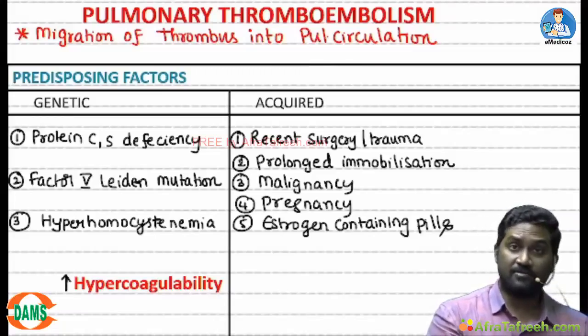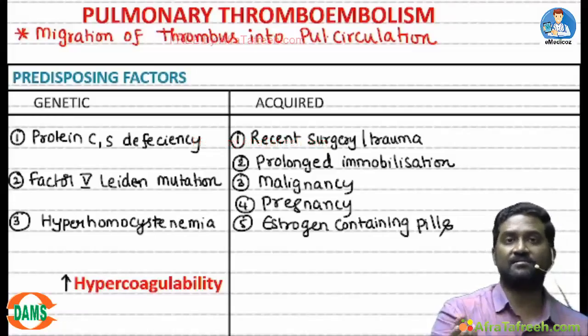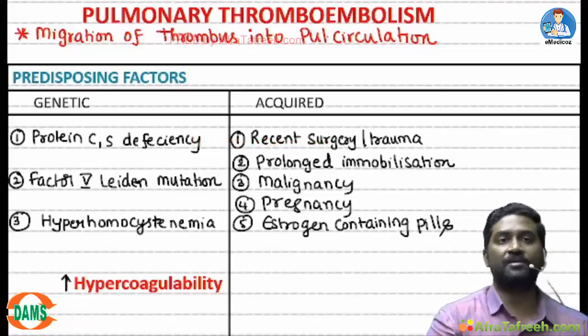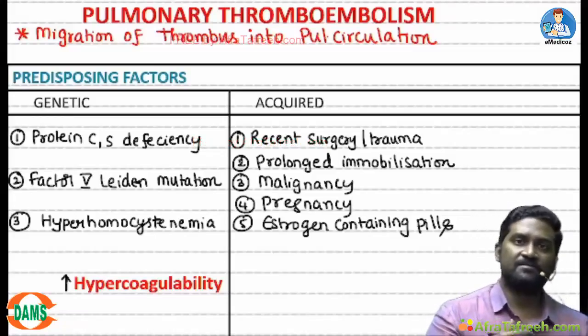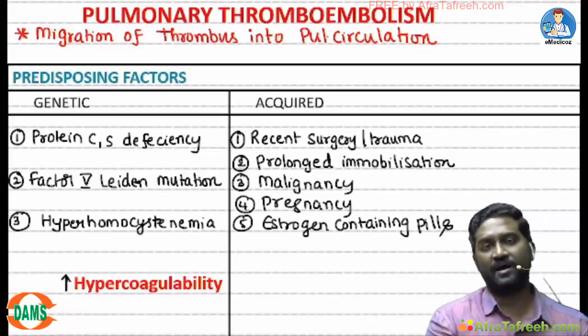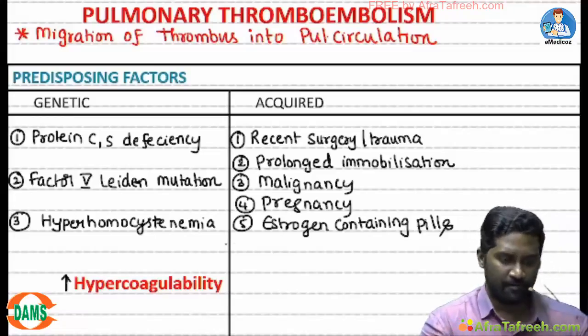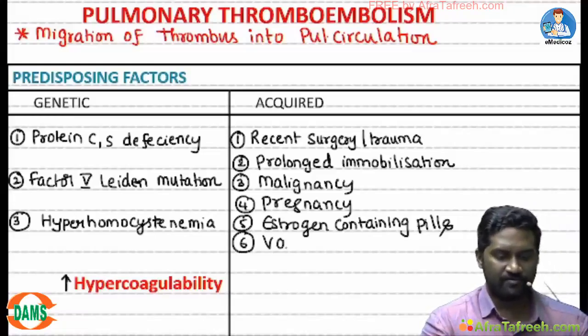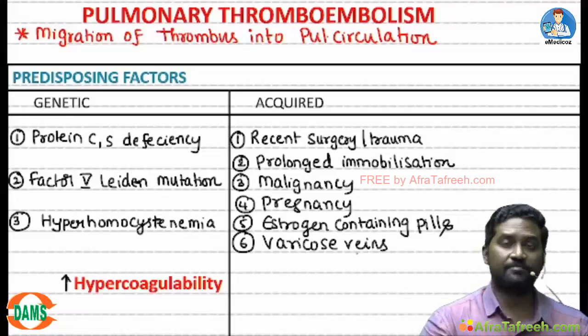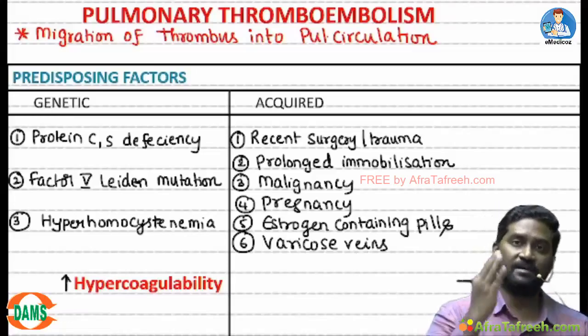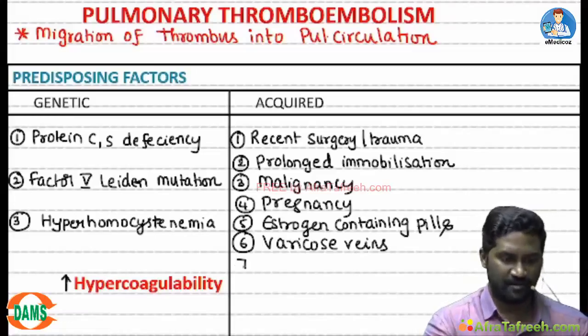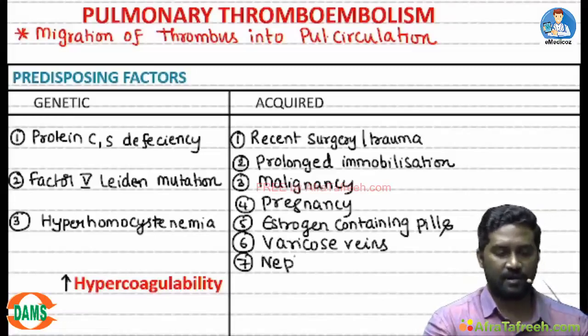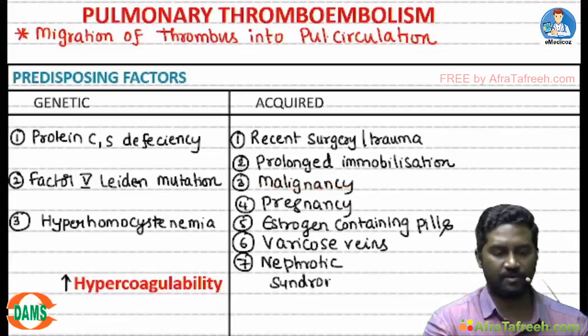In malignancy, the tumor cells can produce a few substances which can increase the thrombotic tendency of the blood. Then in pregnancy, generally pregnancy is considered a hypercoagulable state. Presence of varicose veins, and these varicose veins can harbor deep vein thrombus which can migrate into pulmonary circulation. Nephrotic syndrome. Why will nephrotic syndrome be responsible for pulmonary thromboembolism?